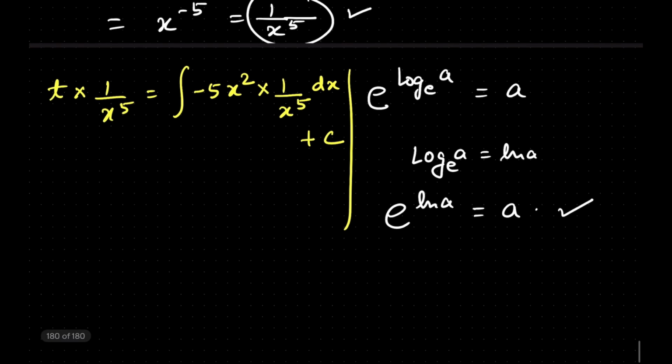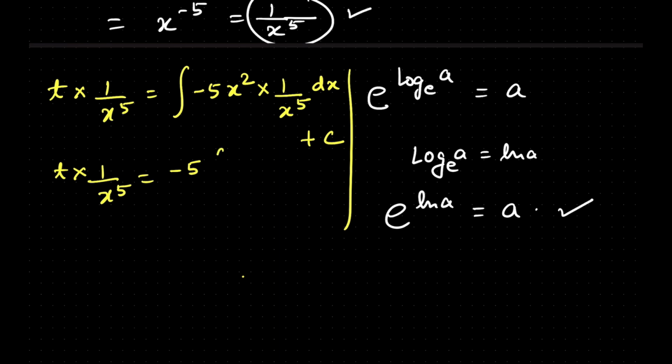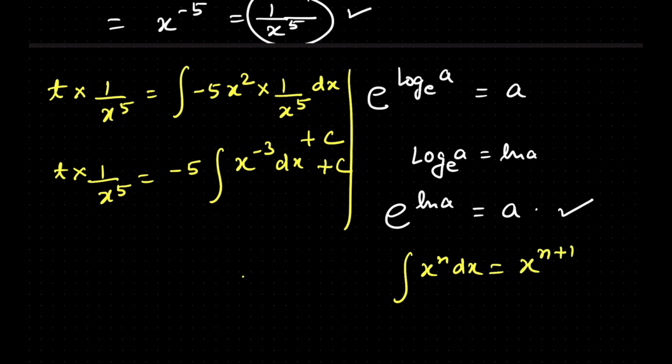So t into 1 by x to the power of 5. Here simply -5 will come outside, and inside we will have x to the power of -3, by solving the exponent part, dx plus c. We know that the integration of x to the power of n with respect to dx is x to the power of n plus 1 divided by n plus 1.